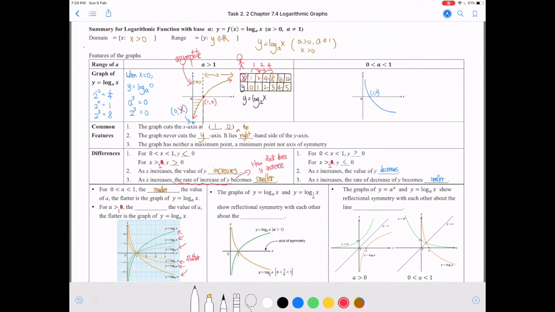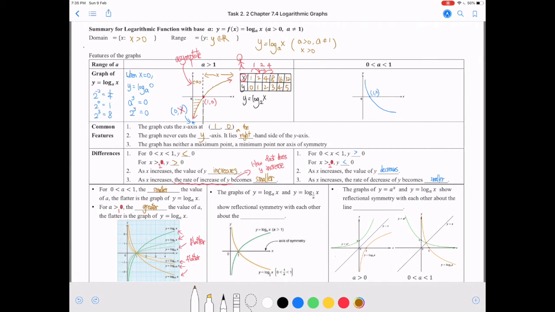So this one is the flatter one. So that means 10 is the biggest value, right? So that means the greater the value of a, the flatter is the graph of y equals log base a of x.